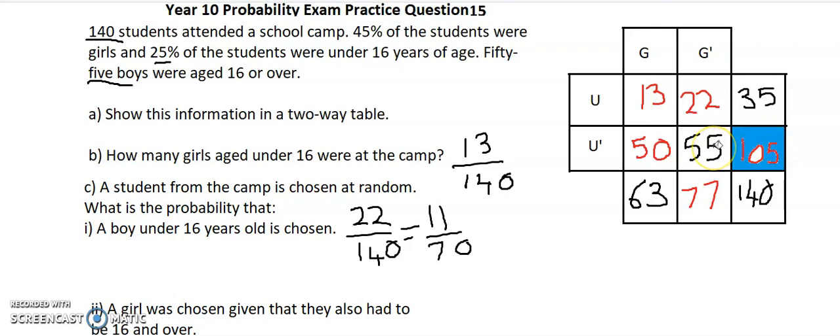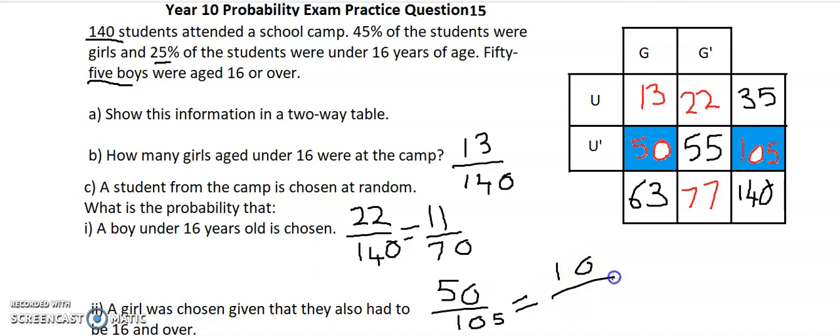Then it says a girl was picked. So that means we've got it now as 50 over 105. Again, if I want, I can simplify that, because straight away I can see they both end in 5. And how many 5s in 50? 10. How many 5s in 105? 21. So it becomes 10 over 21.